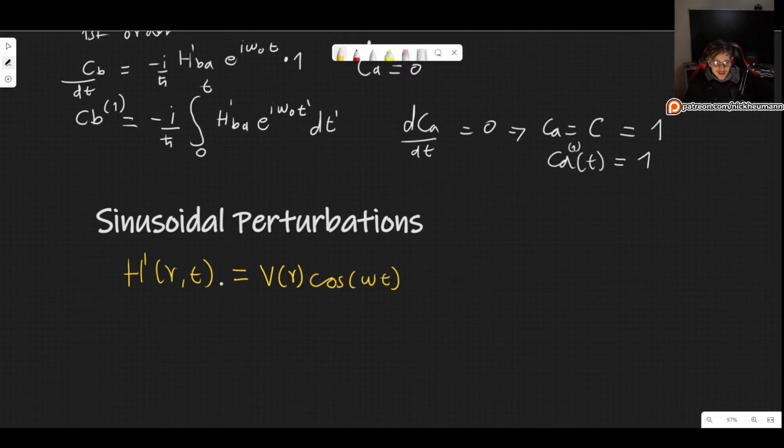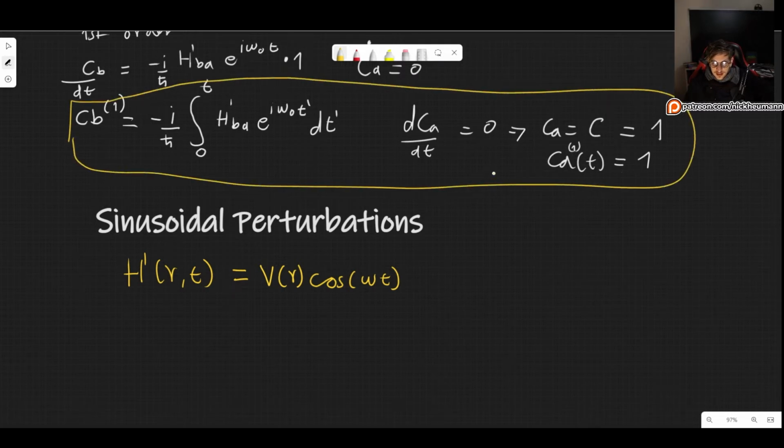In this context, if we want to apply what we just derived, mainly these equations and this integral one, then we need to find H prime BA and H prime AB.